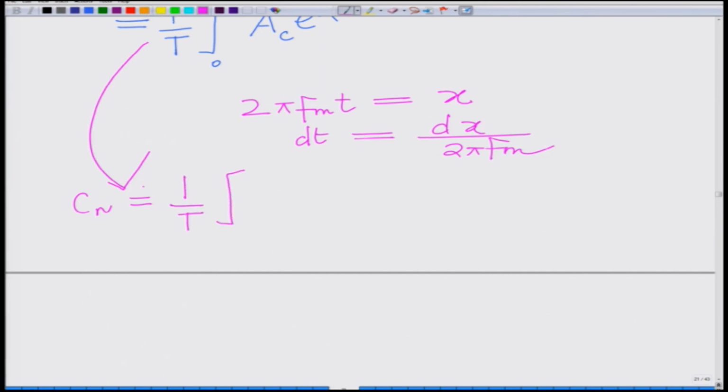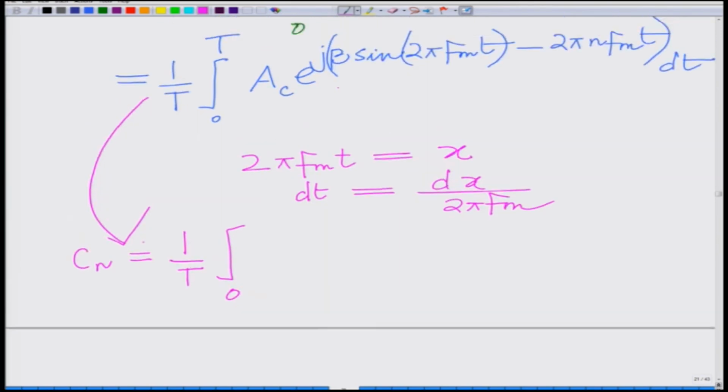Cn equals 1 over T, and the limits become 0 to x equals 2 pi fm T. The upper limit will be 2 pi fm times capital T, but fm equals 1 by T, so this is simply 2 pi. Ac e to the power of j beta sin x minus n x, times dt which is dx by 2 pi fm.